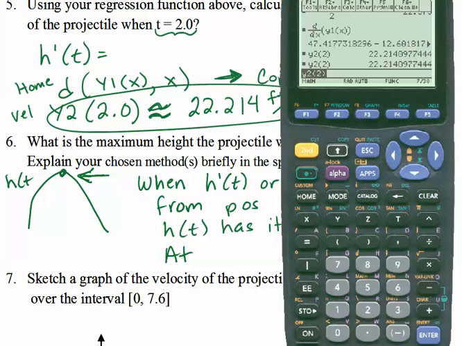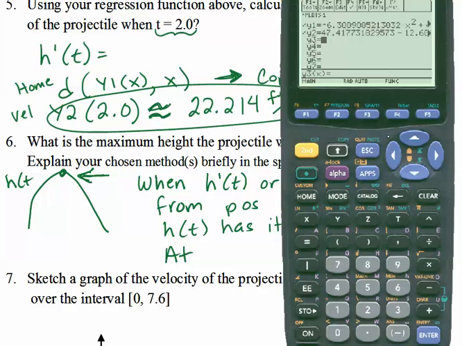So let me go now to my y editor and let's uncheck the first height function, and let's just graph our second function, which is our velocity. And I think I should also turn off our plots.